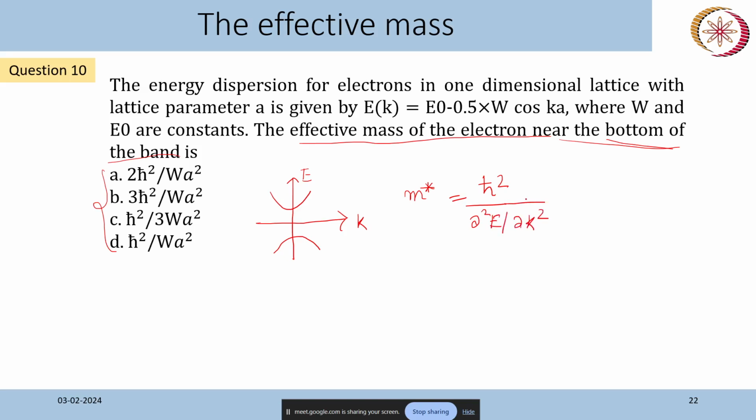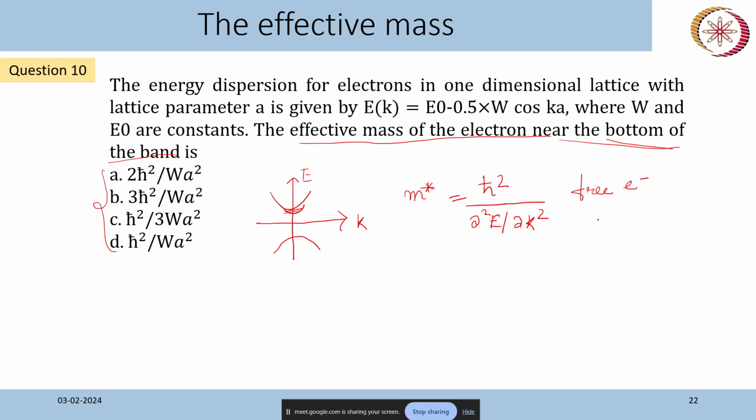As we have discussed in the last question, in the EK relation, at the bottom part of the conduction band and the top part of the valence band, we can use a parabolic approximation. We can fit a parabola here.